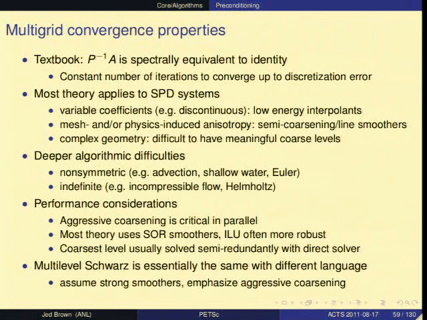So often it's done somewhat redundantly, or it's just done approximately and you pay in terms of it not being quite optimal. And the multi-level Schwarz methods are really the same algorithm, just explained in different language and with attention to different details.